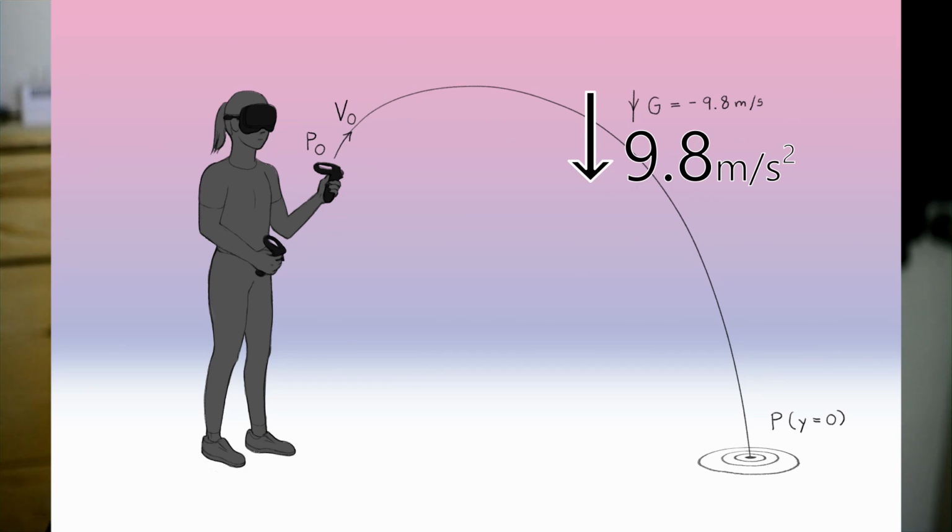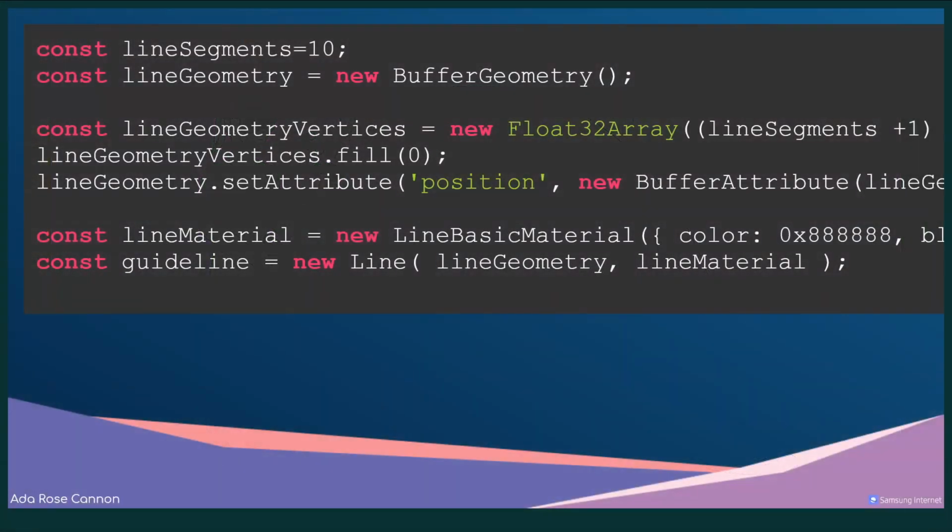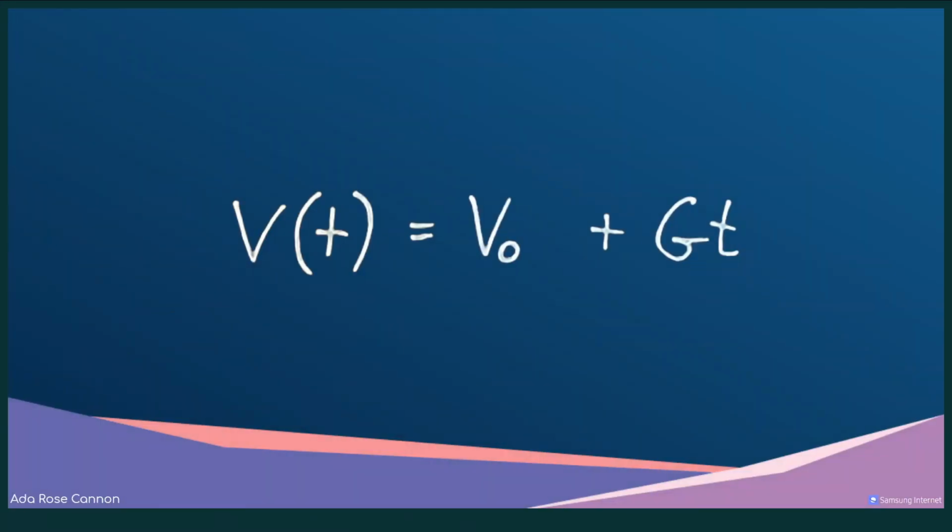So we're already quite far into working out where we need to be. And working out the velocity at a point in time under constant acceleration is quite a simple equation. It's just your initial velocity plus the constant acceleration, which in this case is gravity, times time.